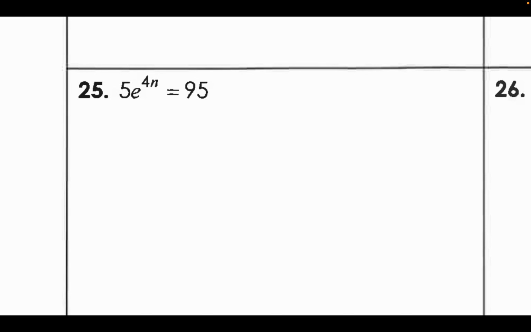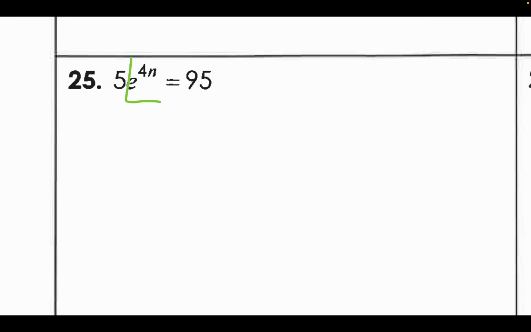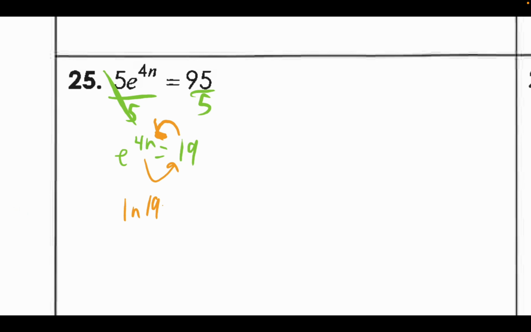On number 25 here, e is being raised to a power, but 5 is not. So we need to get rid of the 5 by dividing to undo the multiplication. And e to the power of 4n equals 19. And now we spiral. And now we get natural log of 19 equals 4n.